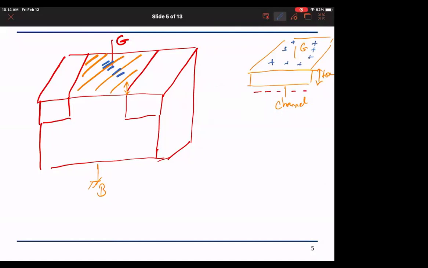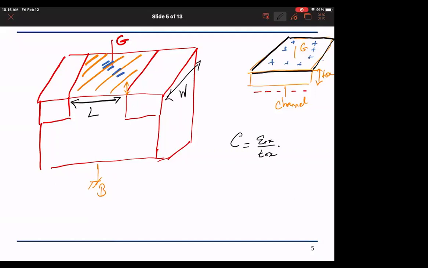If I want, for a specific transistor, to find what this resulting capacitor is, then as we said, C is going to be equal to epsilon ox over Tox times the area. And the area of this surface here is, we said, the width of the transistor and the length of the channel.